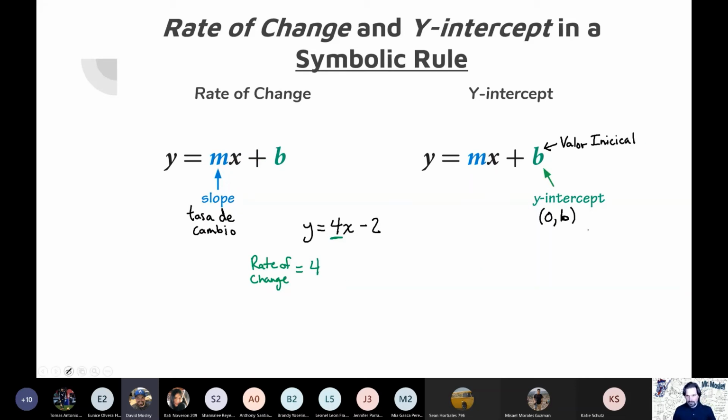And the y-intercept 0, comma, -2. And our start value -2. Okay.